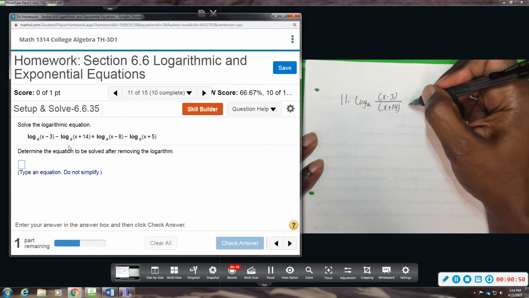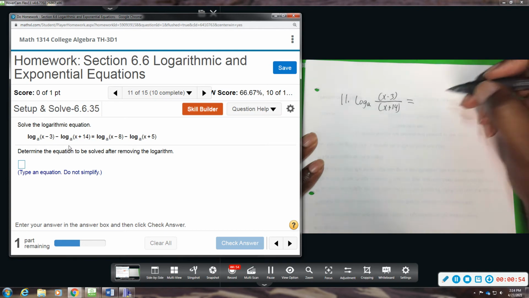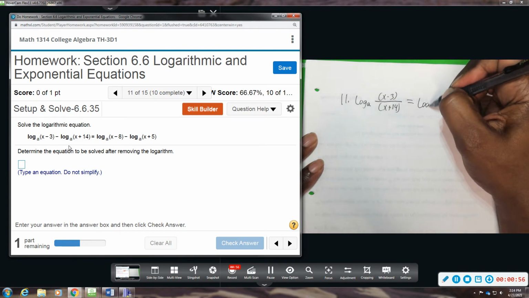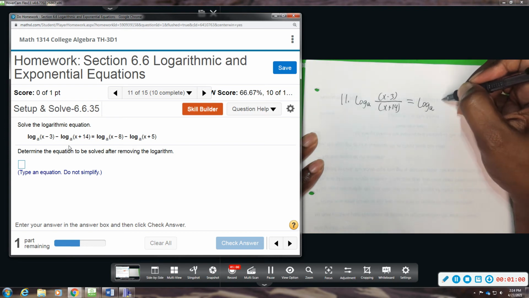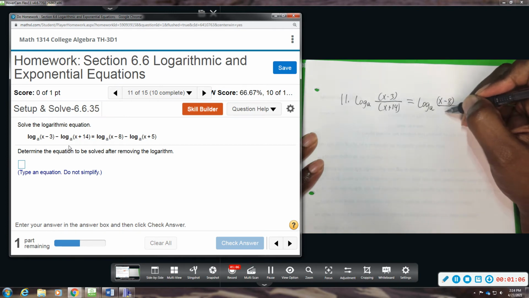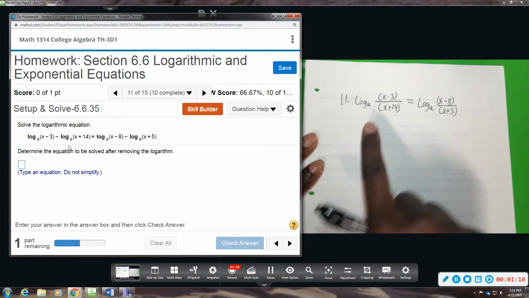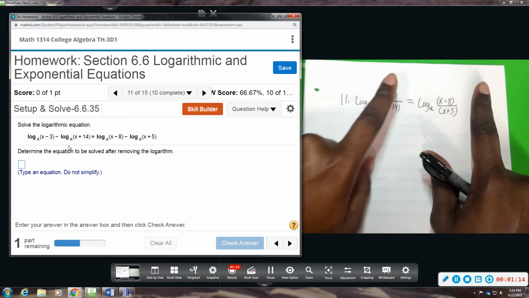On the right side, we're going to do the same thing because we have log A minus something else. So we're going to have log base A of x minus 8 on the top, and then on the bottom we're going to have x plus 5. Okay, now that we have two single log expressions, same base, we can ignore those and focus on this.